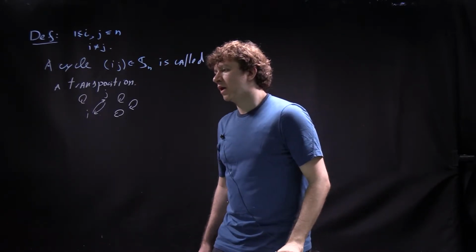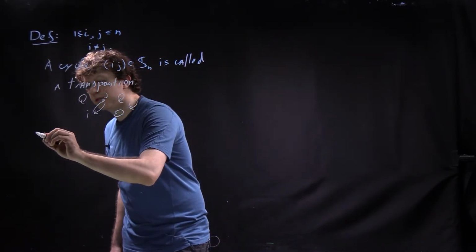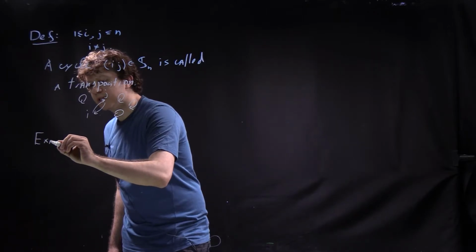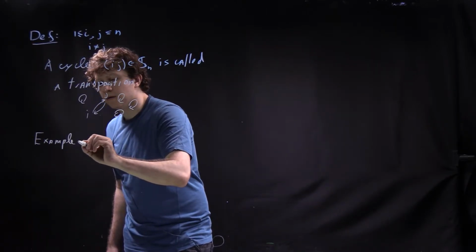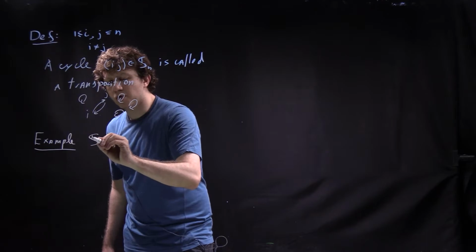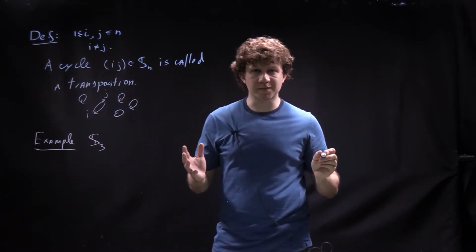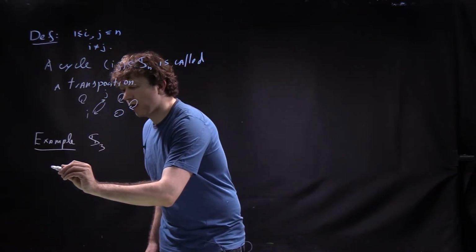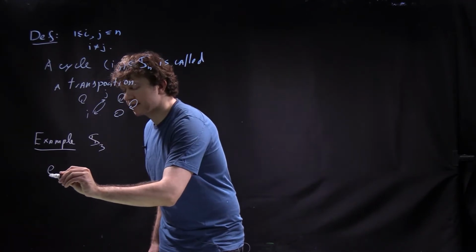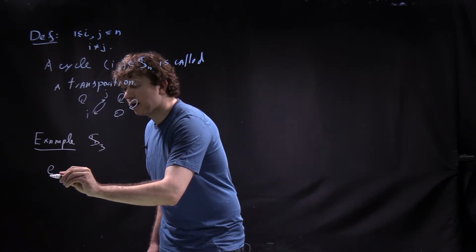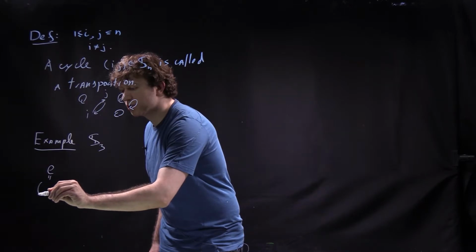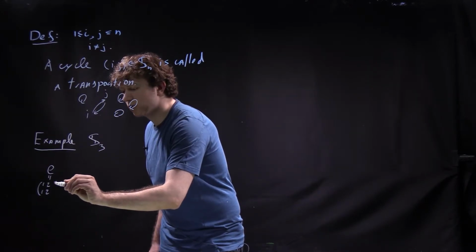With this in mind, for instance, take S3. Remember in S3 we had 6 permutations, and one of them is the identity, the permutation which sends 1 to 1, 2 to 2, 3 to 3.